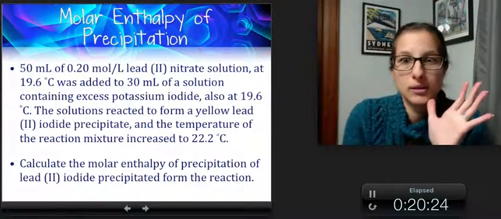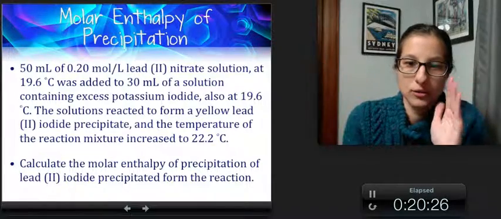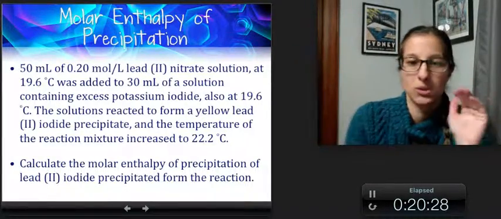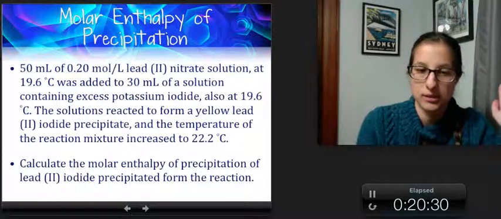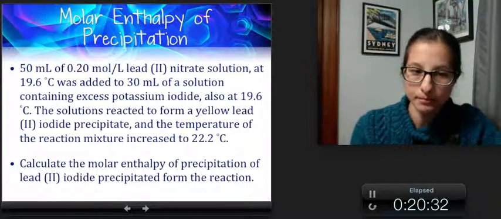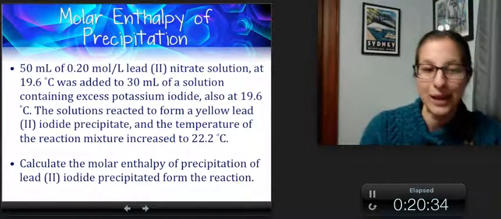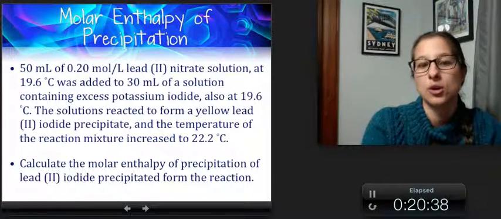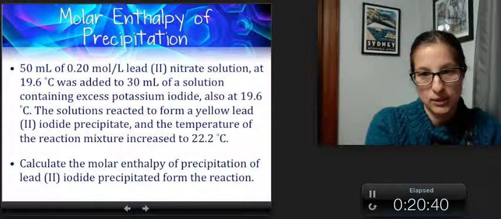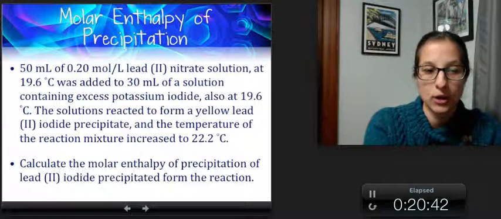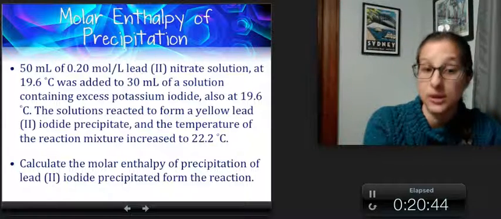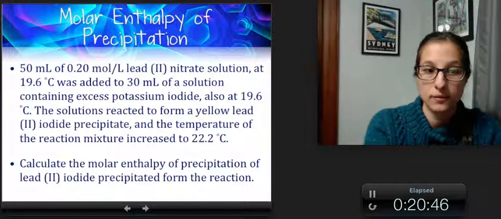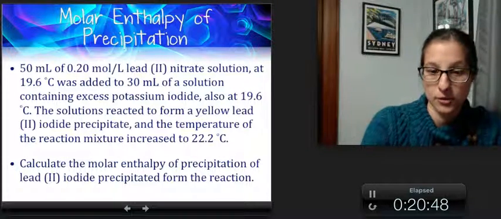I could make this a limiting reactant question, but I'm not going to. So we already know which one's in excess. It's also at the same temperature, and then we're going to get lead(II) iodide precipitate at a temperature of 22.2 degrees Celsius. So the question is: calculate the molar enthalpy of the precipitation of lead(II) iodide from this reaction.